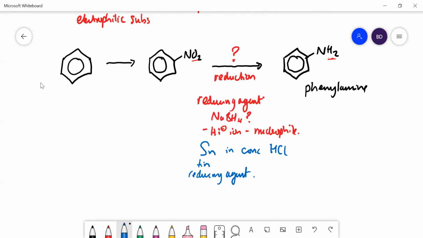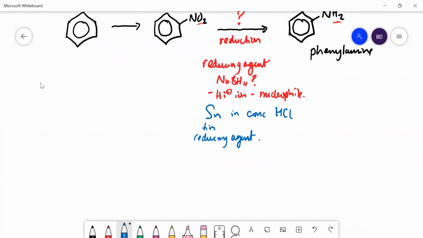I'm going to draw some half equations here, but then I'm going to show you how the exam board want you to represent it. So tin is a reducing agent because it tends to form Sn2 plus ions, so it gives away those electrons.